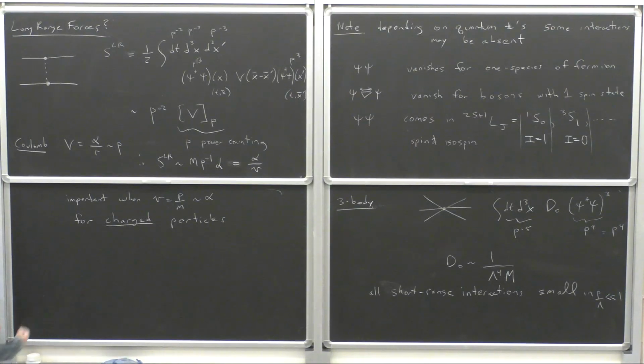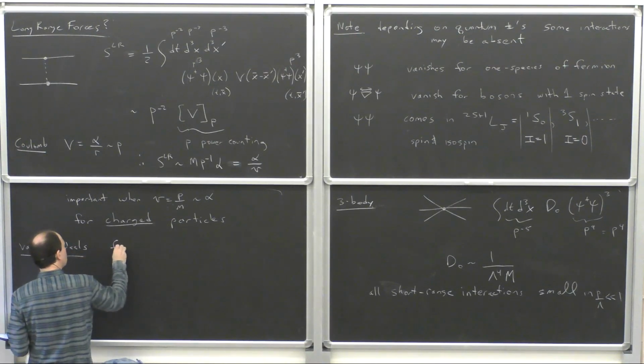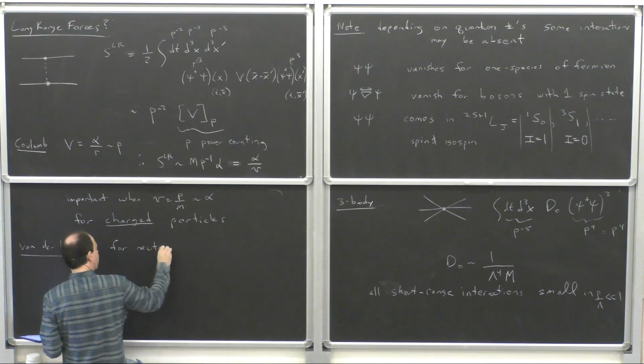In the neutral particle case, you could still have a dipole moment for your atom, right? So you have a dipole-dipole interaction. That's the van der Waals force, for neutral atoms.